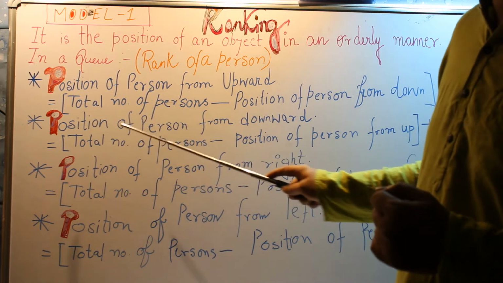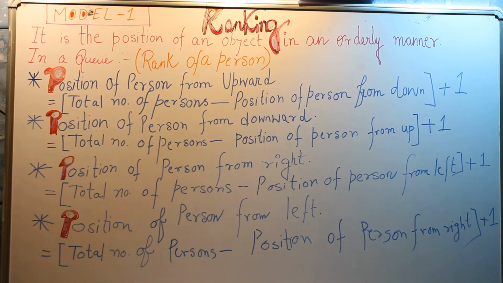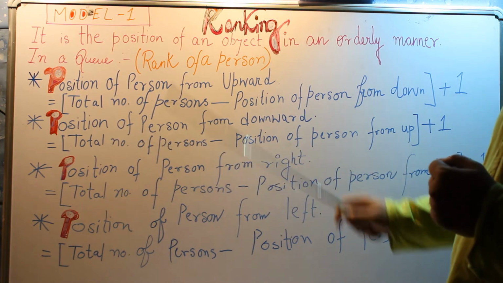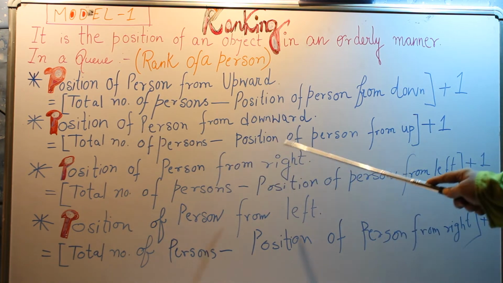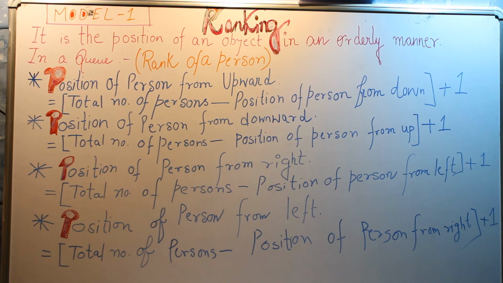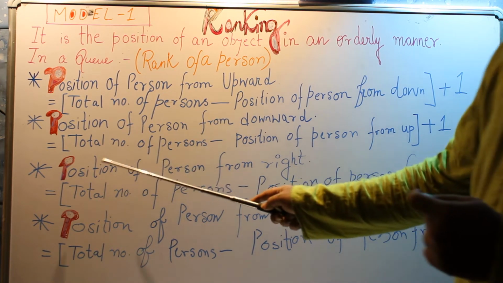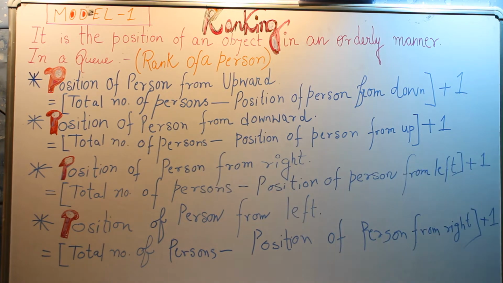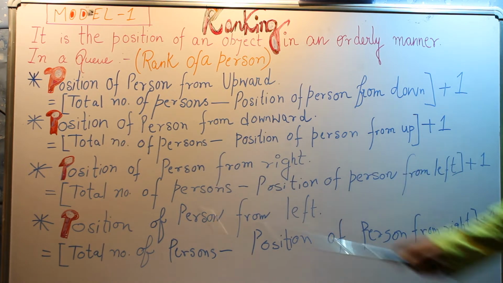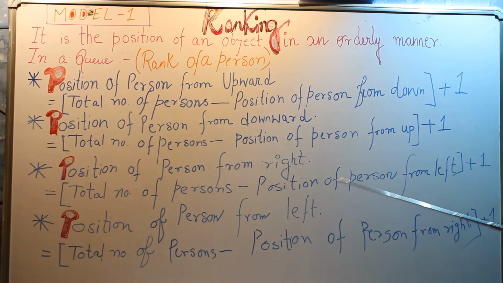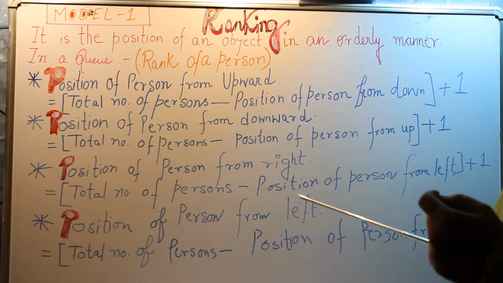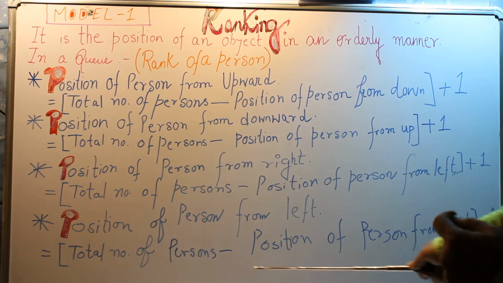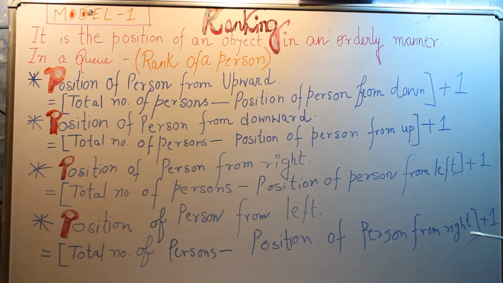Similarly, position of person from downward is equal to total number of persons minus position of person from up plus 1, and position of person from right is equal to total number of persons minus position of person from left plus 1, and position of person from left is equal to total number of persons minus position of person from right plus 1.